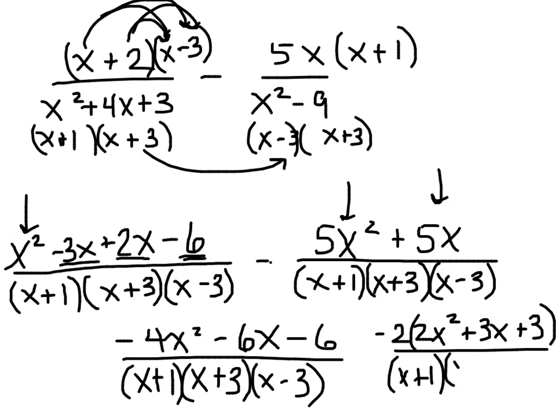But can it go any further from here? What times what is going to give me 2? What times what is going to give me 3? We'll work together to make 3. It isn't going to happen. So I will take either one of the answers that are up on the screen right now. However, if it did factor and something canceled, then you need to do that. But in this case, nothing canceled.